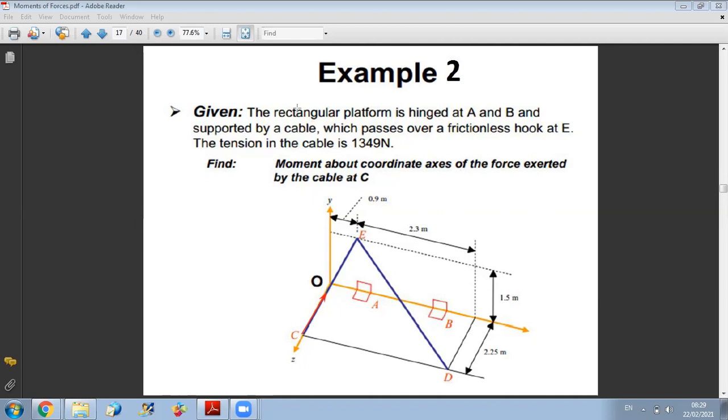When they ask for the components of moment about x, y, and z, all I have to do is to do sum of moment about O. Because when I do sum of moment about point O, I will obtain a vector having three components, i, j, k.